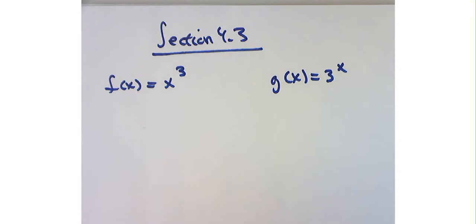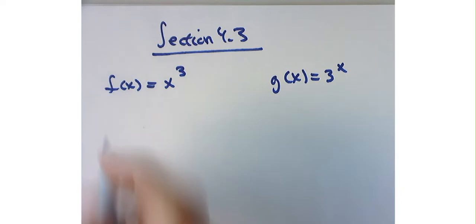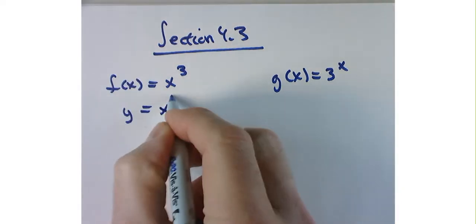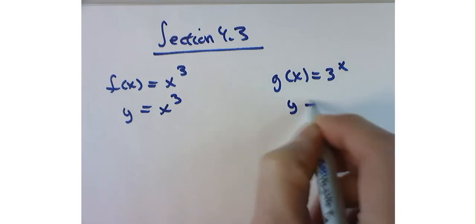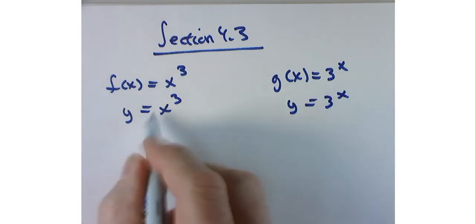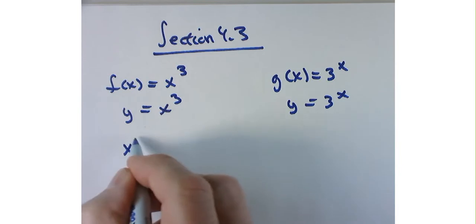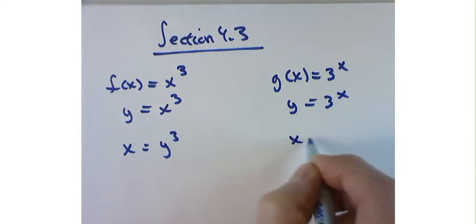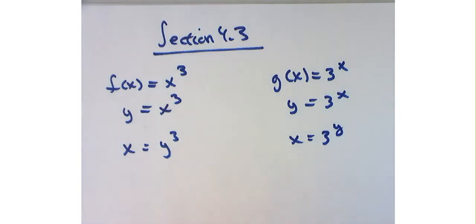Now, let me remind you what we did a while ago when we were trying to find, say, the inverse of a function. Hopefully you remember that calculation. We started out by replacing the function by y. So y equals this. And then you interchanged x and y, right? So x equals y cubed, x equals 3 to the y.